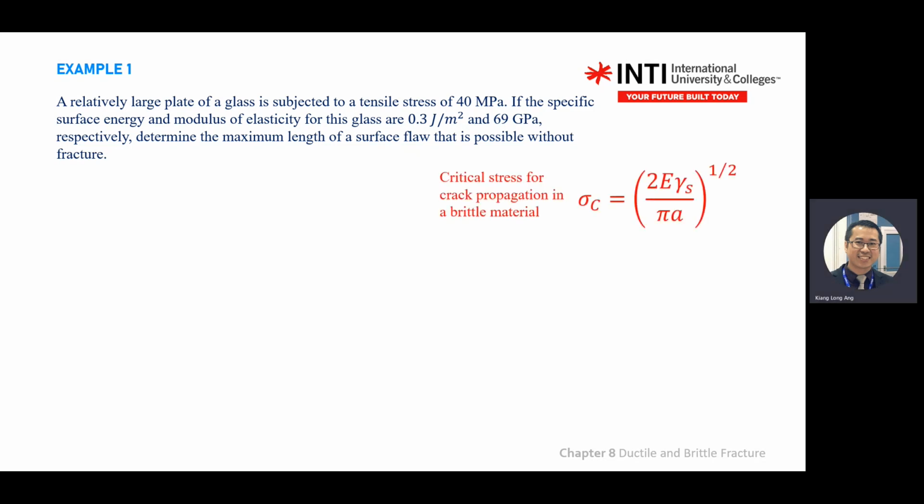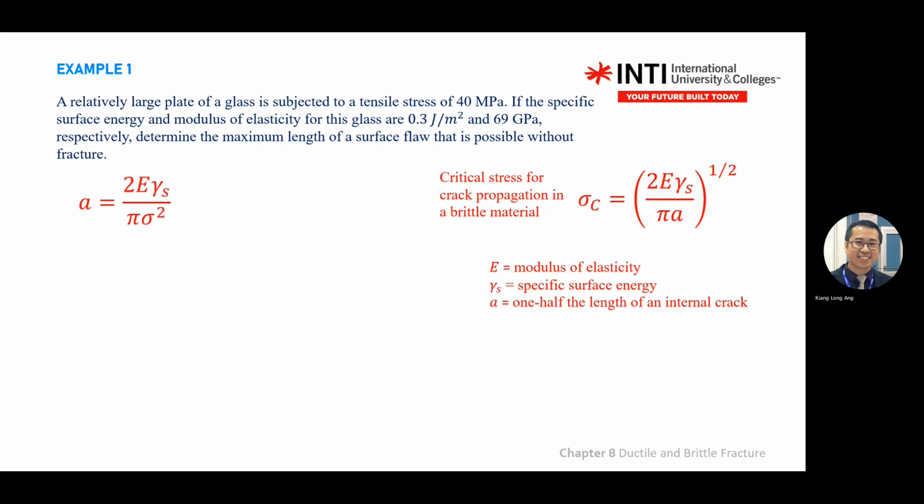So you have this equation. You substitute the value. Before you substitute, you just rearrange this equation. The question asks you the maximum length of surface flaw, so it asks you about A. A is a crack. But again, what is A? A is only half of the length. So be careful with the A. It's quite tricky. So you rearrange, you'll get A equal to 2E and then the specific surface energy divided by pi stress squared.